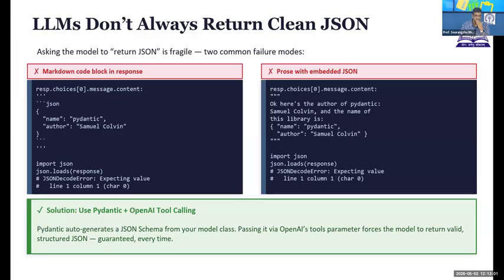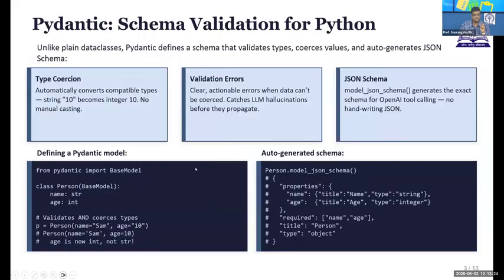How can you from your end know that the actual generated response is a valid JSON response? So how do we do it? Let us go ahead here.